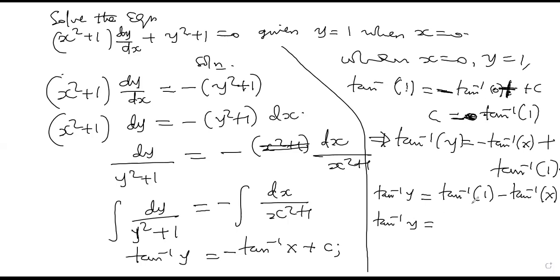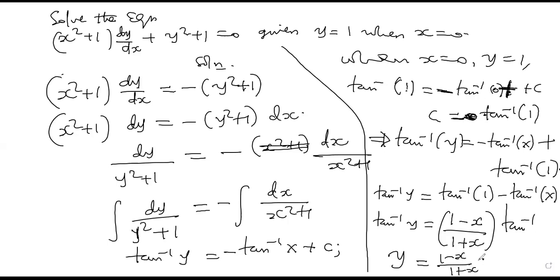This is the same as tan inverse of (1 minus x over 1 plus x). Because of space, I would have put it to this side, implying that our y is going to be 1 minus x over 1 plus x. So that is how you would run it.